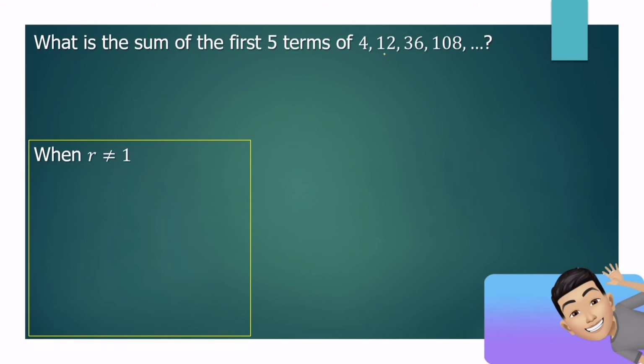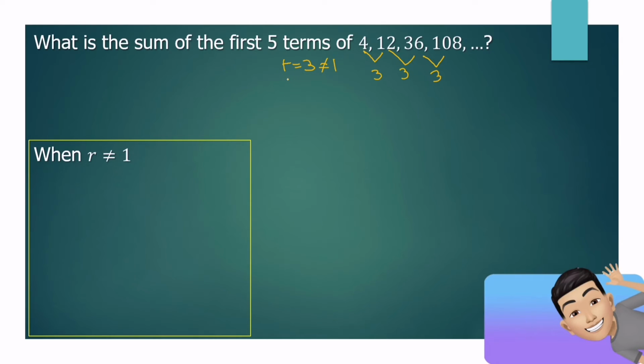What is 12 divided by 4? 3. 36 divided by 12, 3. 108 divided by 36, 3. Okay. So, meaning to say, we have R, which is 3. And 3 is not equal to 1.